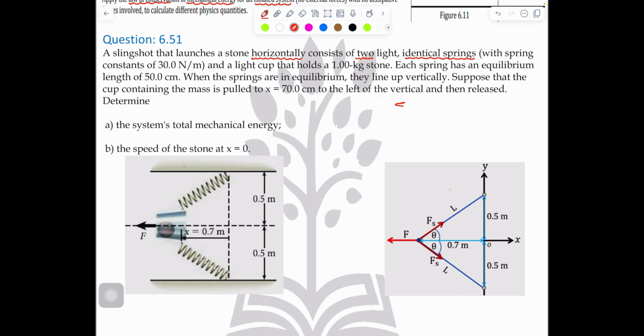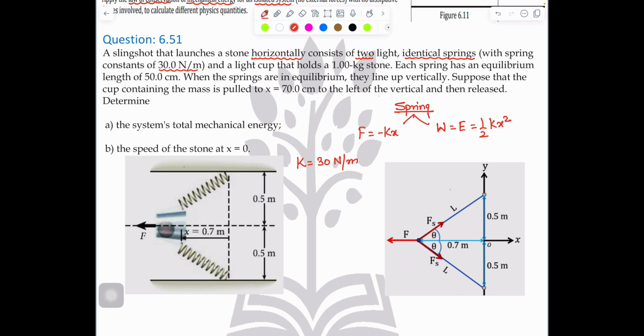Whenever you have the word spring, you should have two things with you. One is F equals negative kx, and work done equals energy, which equals half kx squared.